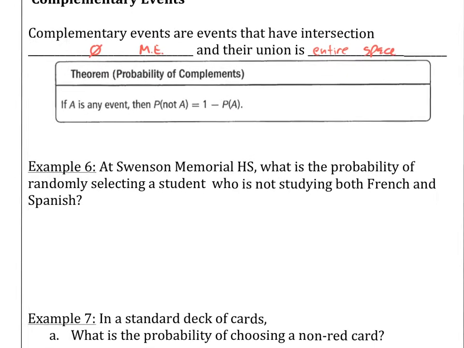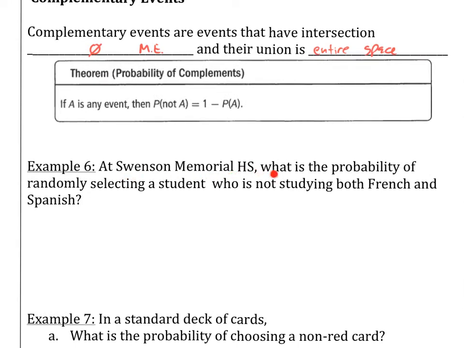So let's take a gander here. At the Swenson Memorial High School, what is the probability of randomly selecting a student who is not studying both French and Spanish? And of course, let's just clarify, at the Swenson Memorial High School, we're going to focus on the French and Spanish classes.